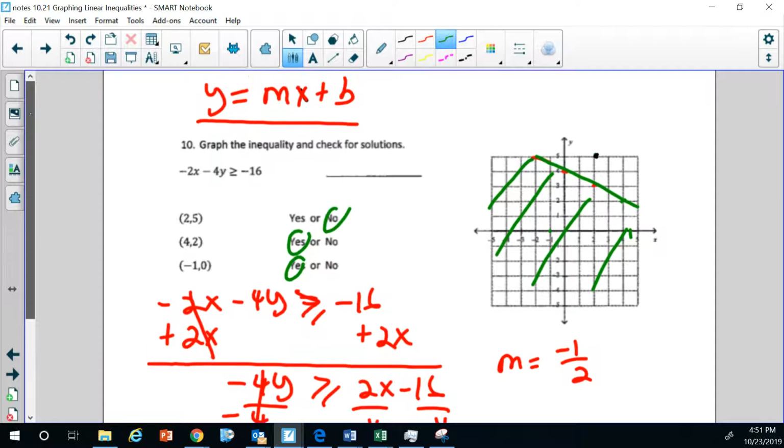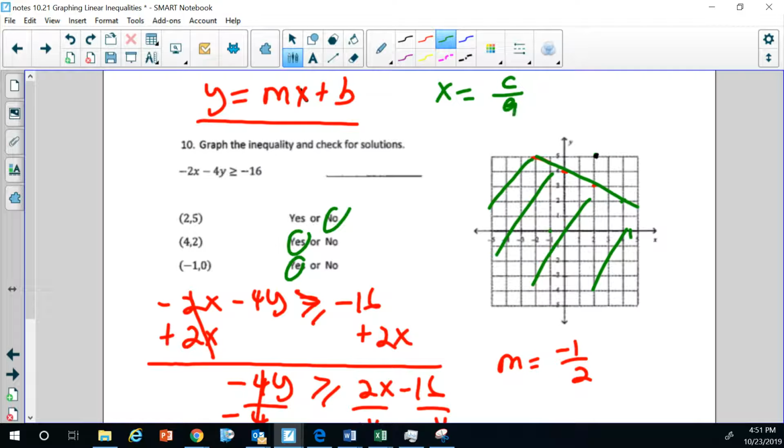Okay, let's do the other way. Remember, I need 2 points to draw the line. And remember in class, I showed how to find the x and y intercept. Because the line is in standard form, the x-intercept is c over a.